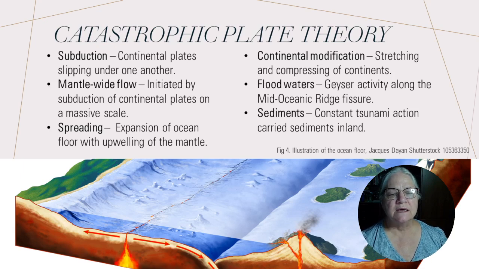And the floodwaters were caused by geyser activity along the mid-oceanic ridge fissure. There were gases and minerals all mixed in with that water, and it just erupted up to the atmosphere and spread out across the world and rained down on the earth. And then additional sediments from constant tsunami action carried sediment inland and layered them like layer cakes.